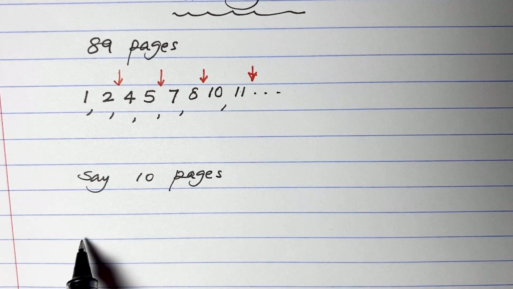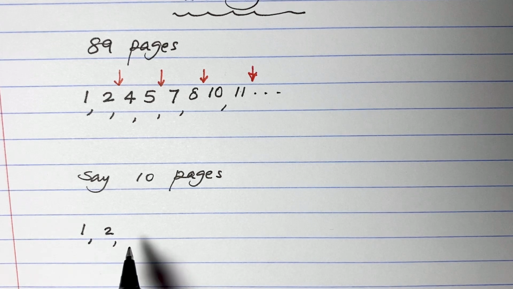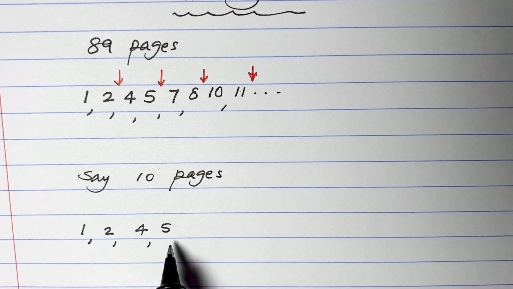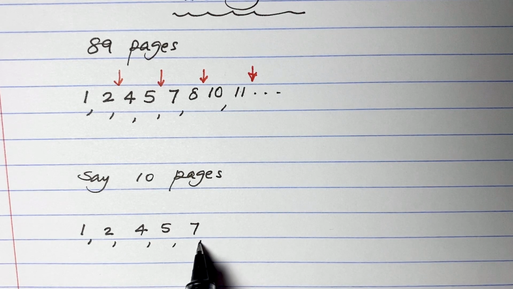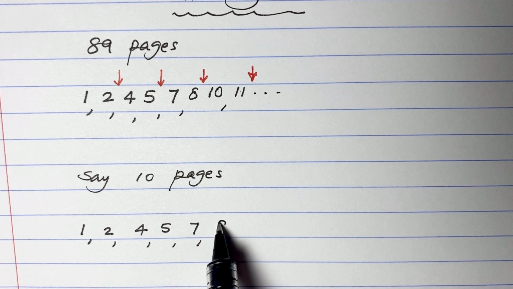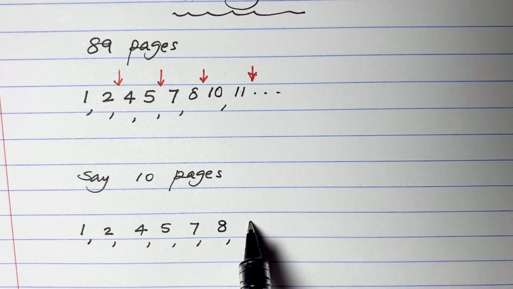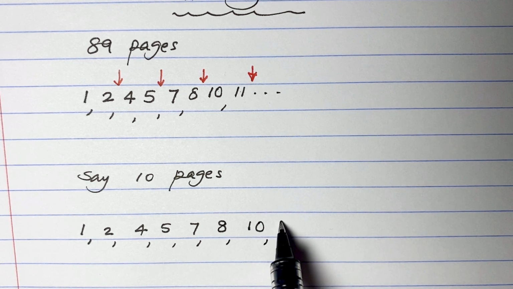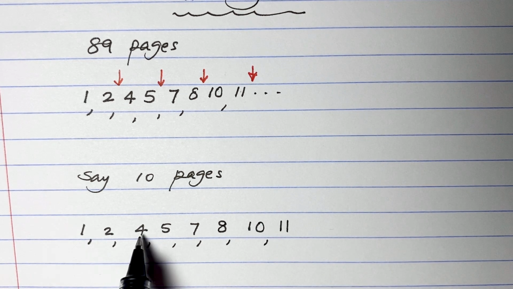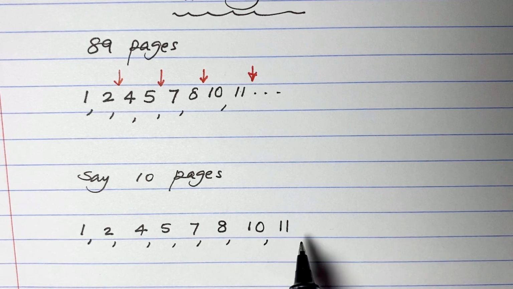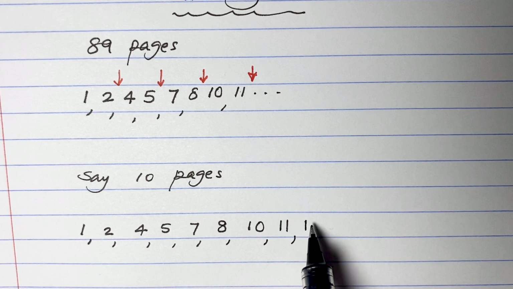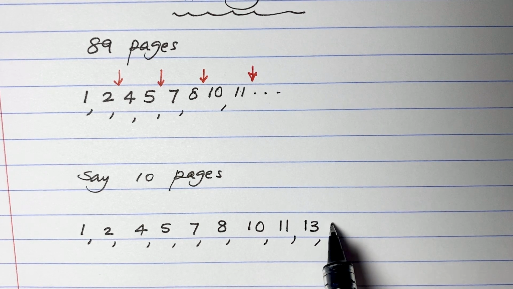So we have 1, 2, no 3, 4, 5, no 6, 7, 8, no 9, 10, 11. So we've got 1, 2, 3, 4, 5, 6, 7, 8, no 12. And that would be the 10th page. The 10th page would be written as 14.